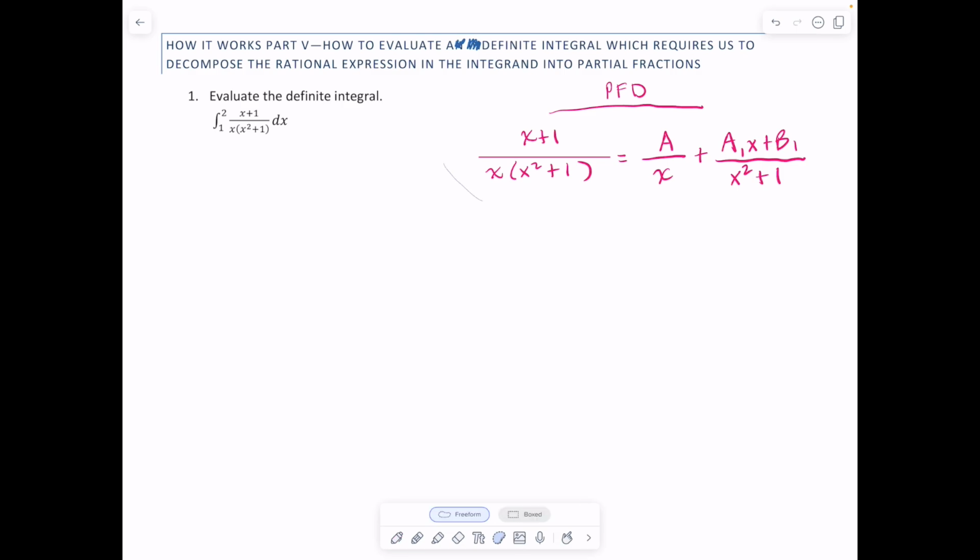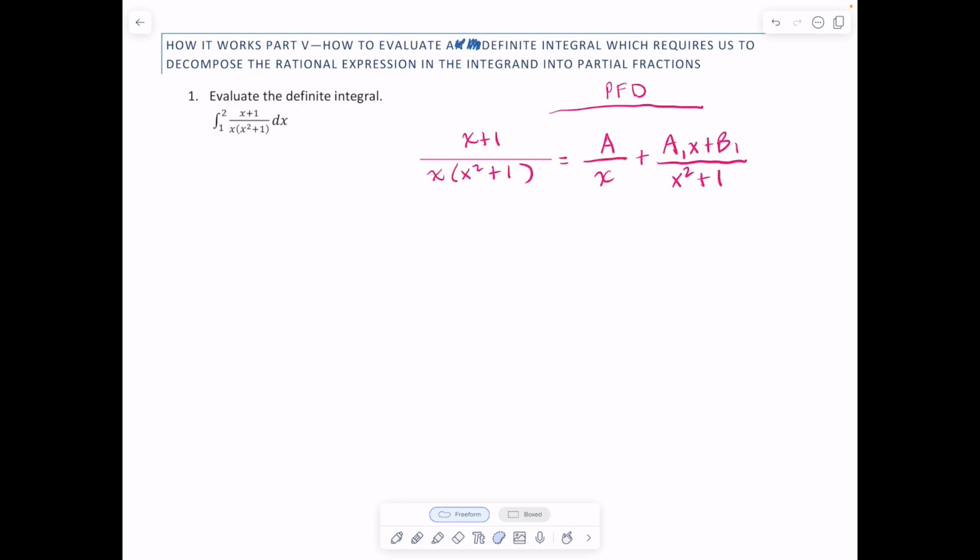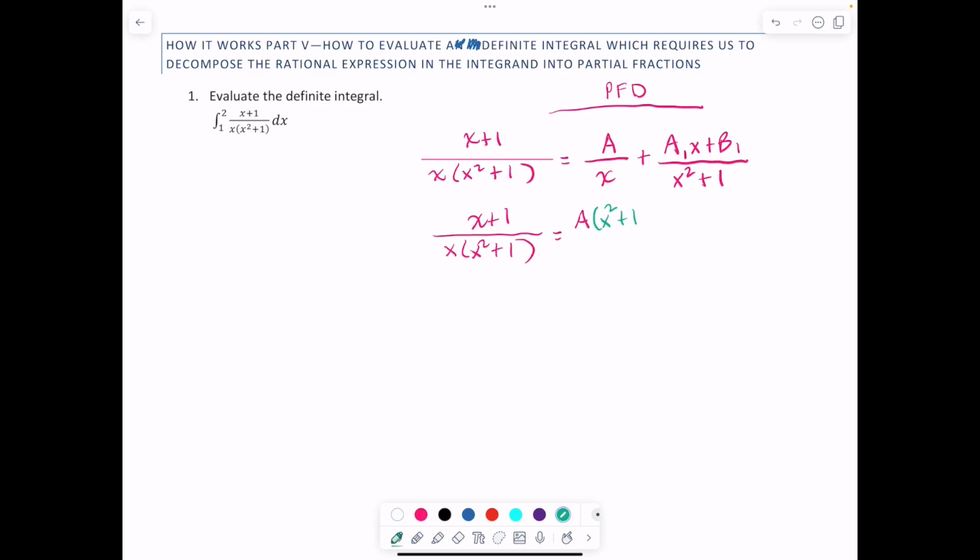I'm going to move this over because I did not leave enough space to write the result. So x plus 1 over x times x squared plus 1 equals a, and a needs the x squared plus 1 portion to get a common denominator, and then plus quantity a1x plus b1, that needs to be multiplied by x.